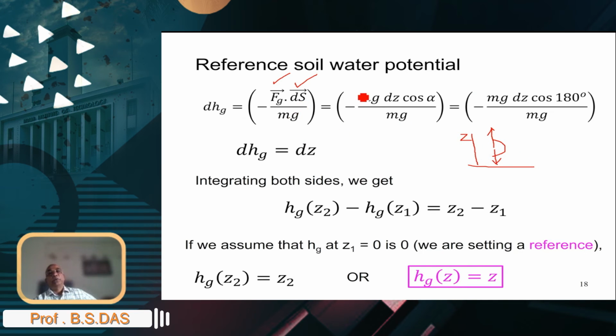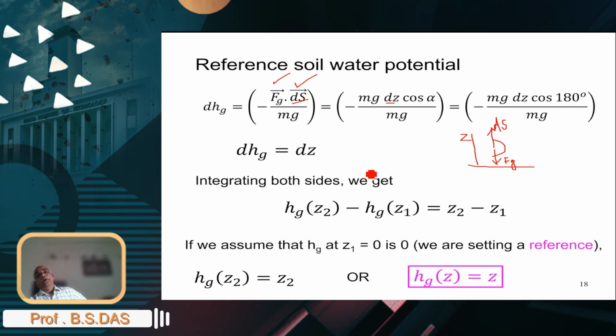So basically you replace this delta s with delta z cosine alpha. This alpha is the angle between the gravitational force Fg and your displacement vector ds.